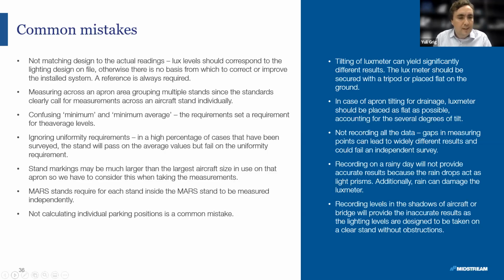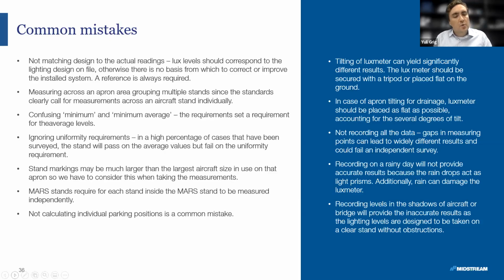MARS stands are basically multiple aircraft receiving stands. Sometimes people say multiple aircraft ramp system, but in essence, it's one aircraft stand that can receive multiple types of aircraft. So for example, it can receive two A319s and one 747, or an A380 and a Boeing 737.